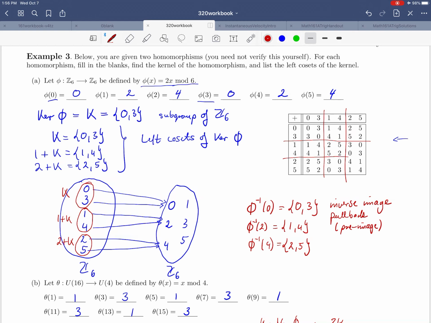And if I draw in these dividing lines, we see a similar thing going on over here. So I have my kernel, I have 1 plus the kernel, and I have 2 plus the kernel. And then here I have my kernel, here I have 1 plus the kernel, and here I have 2 plus the kernel. And we see a similar structure of things going on inside the Cayley table.